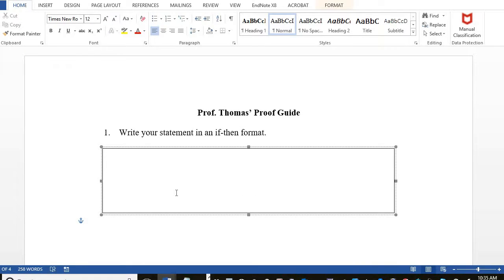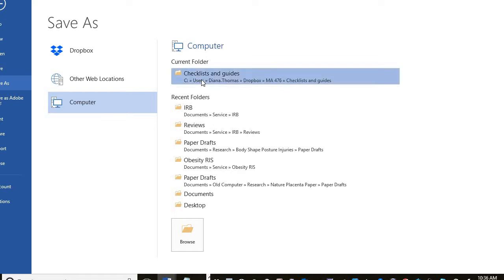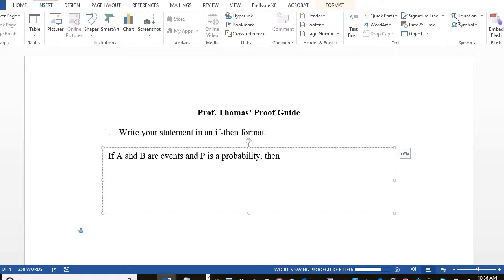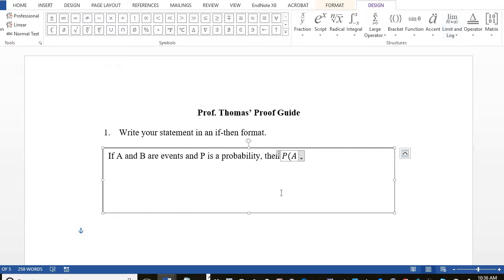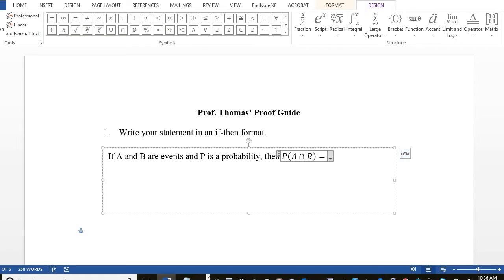So over here, as an if-then statement, you'd put: if A and B are events and P is a probability, it's suppressed in that statement, then the probability of A intersect B complement... yep... is equal to the probability of A minus the probability of A intersect B.